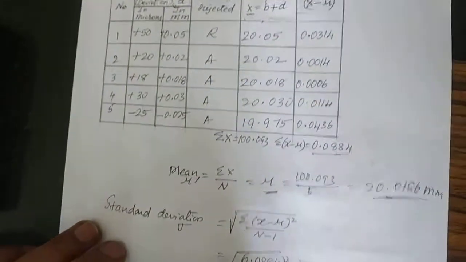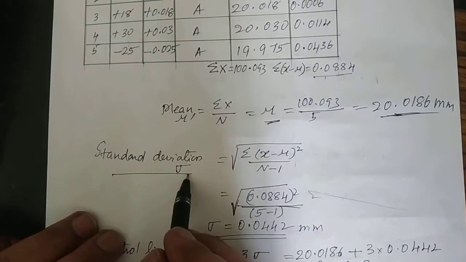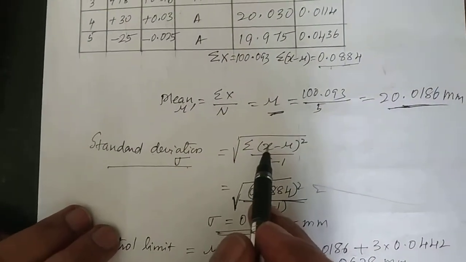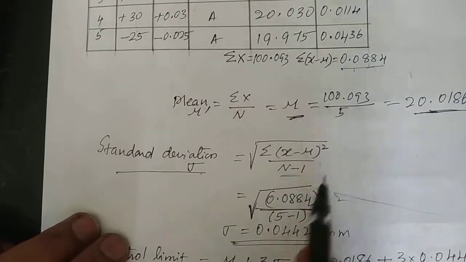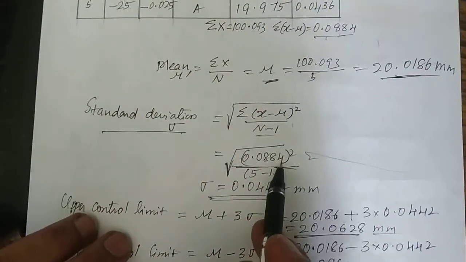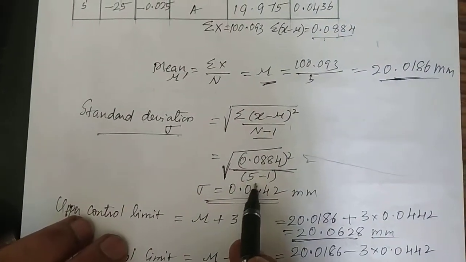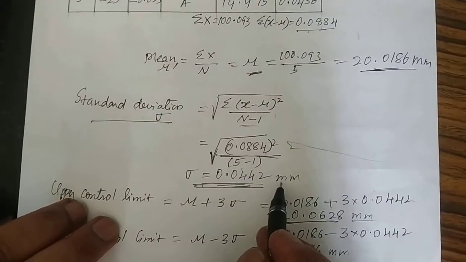0.0884. Now substitute this value in the standard deviation equation, sigma equals square root of summation of x minus mu whole square by n minus 1. That is divided by 5 minus 1. The standard deviation we got is 0.0442 mm.